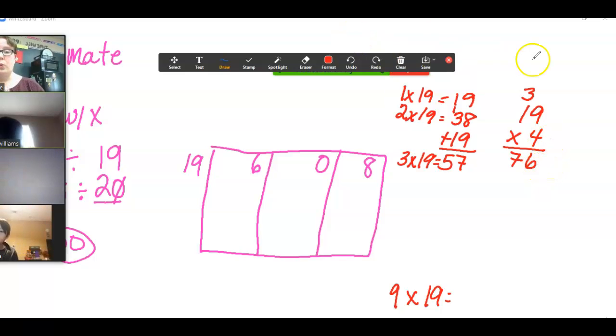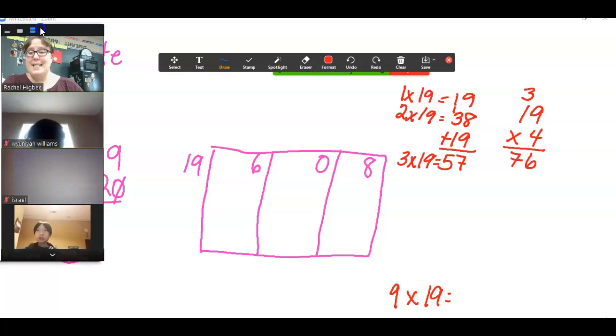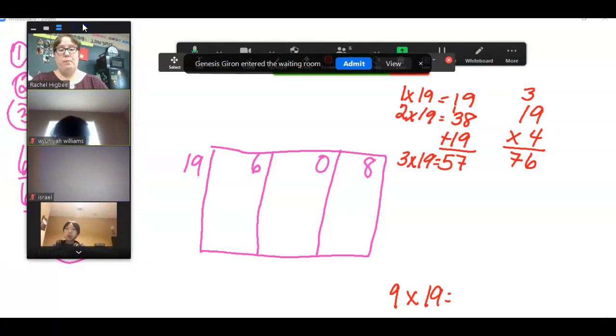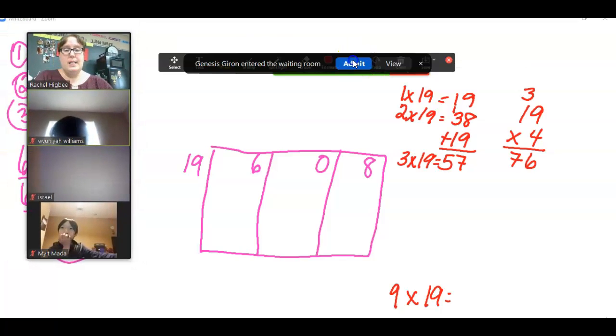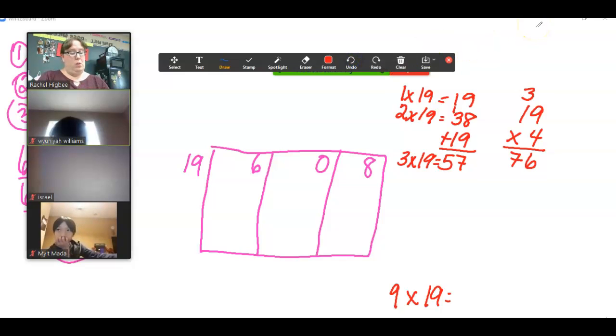All right. So remember we're making groups of 19 right now. Okay. So groups of 19. So if I want a group of 19, but I only have 6, do I have enough to make a group? No, I don't. Good. Okay, so that's 0 groups.